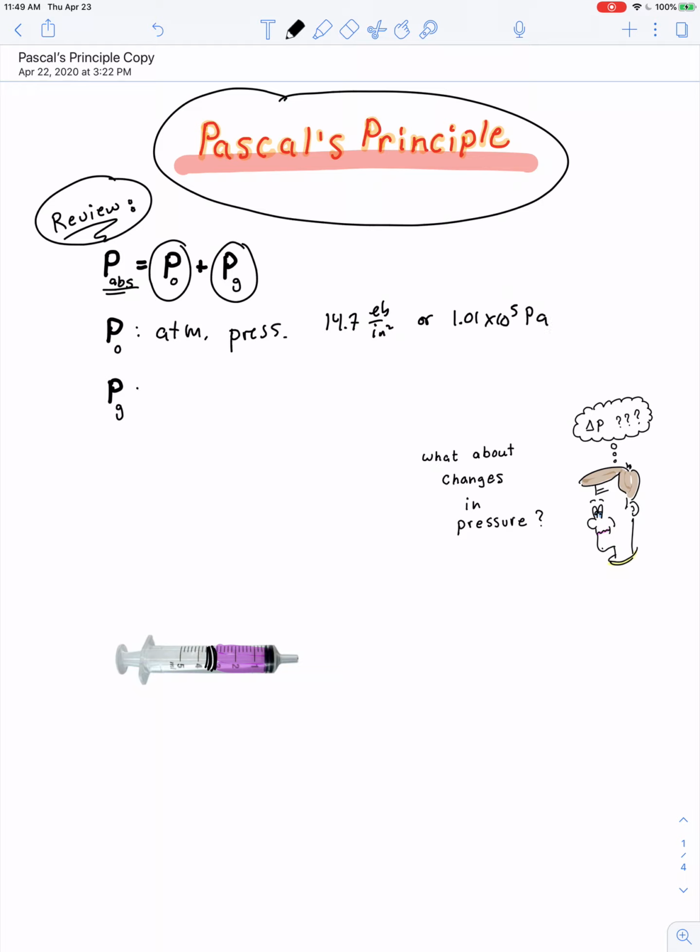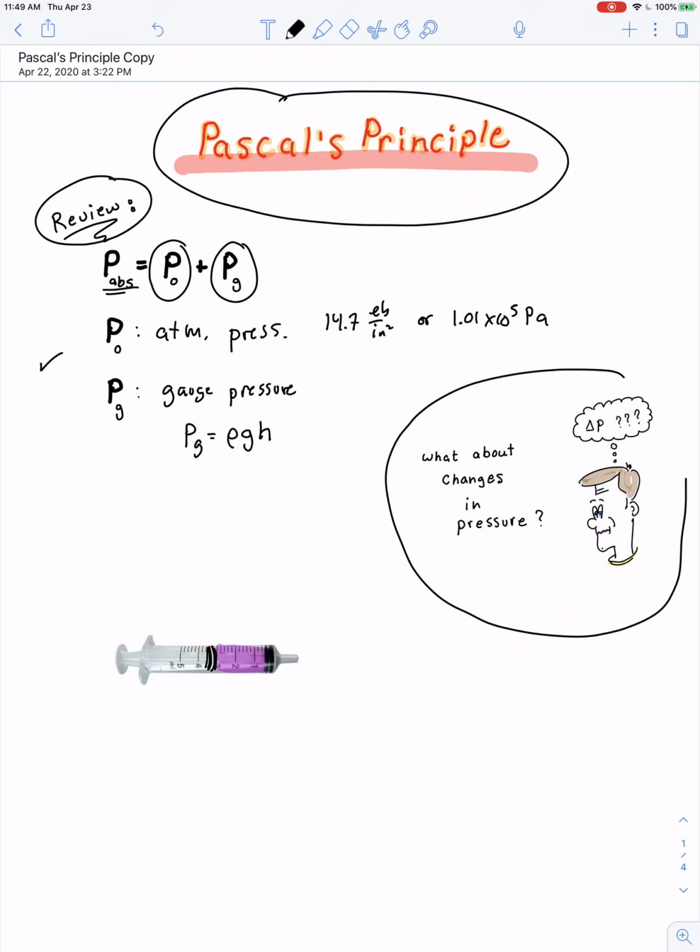Gauge pressure is the additional pressure that an object has by virtue of being at a depth within a fluid. And gauge pressure can be found by multiplying the density of the fluid times gravitational field strength times depth within a fluid. So all this is fine and good as long as objects are in a static situation at some depth within a fluid.